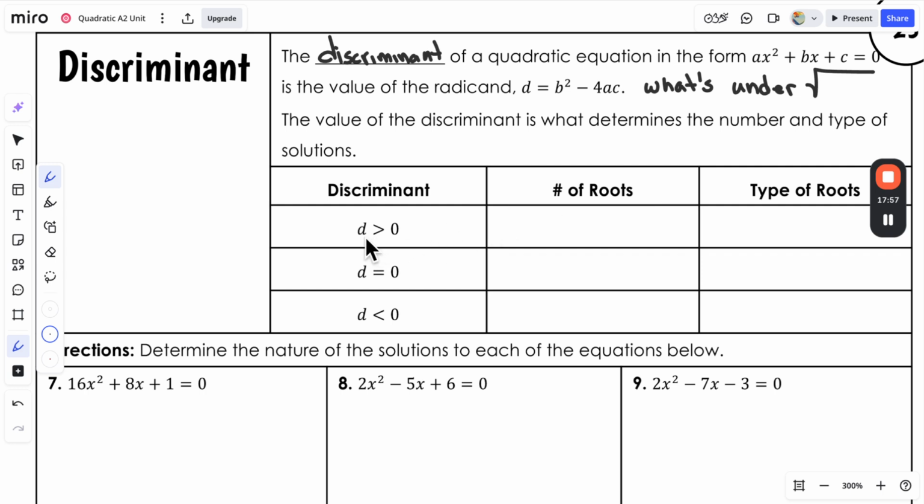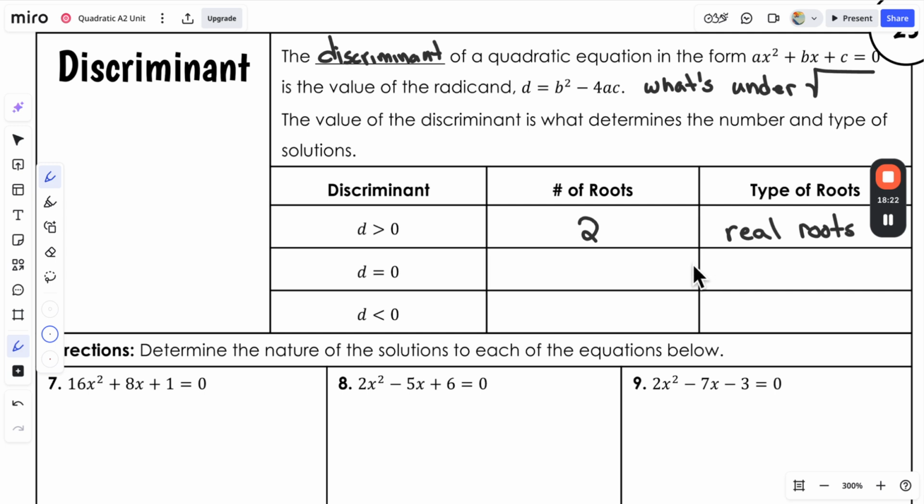So if the discriminant is greater than 0, and we can look back at the front of the page and see that this happens every time, discriminant, the part under the radical, is greater than 0, so a positive number, we end up with two real roots. And even if it still has a radical, it is still a real number.